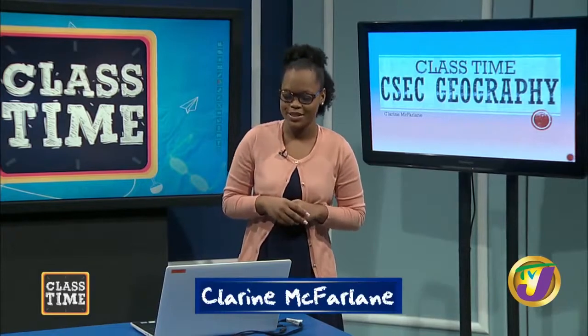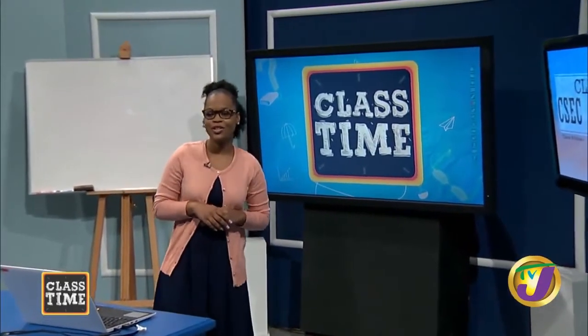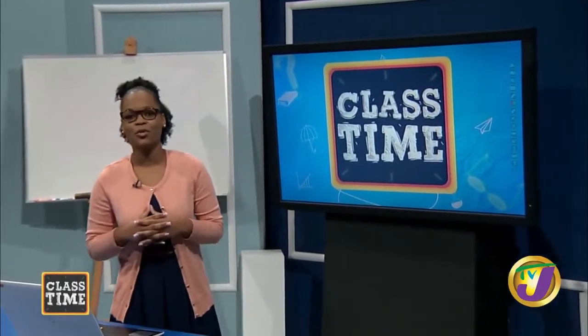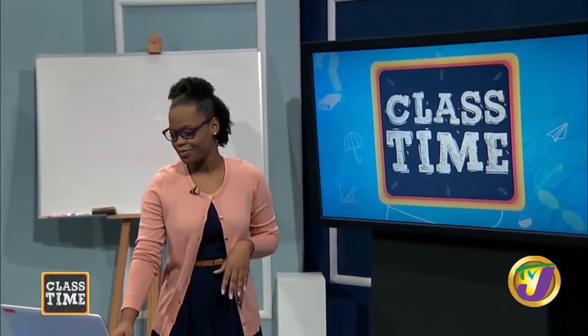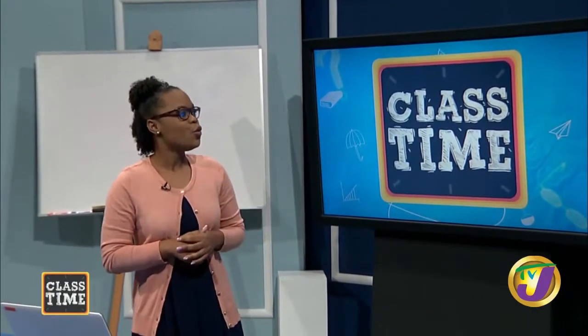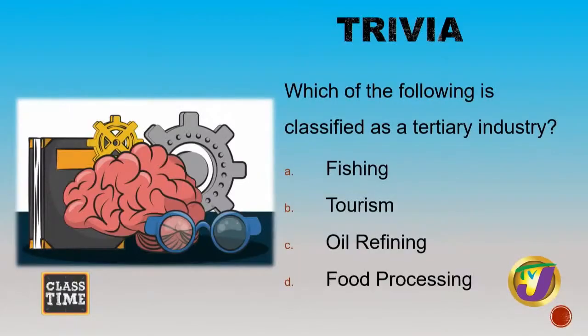Let's get into it. We'll start today with a trivia, just to recall what you have done in your previous geography classes. It says, which of the following is classified as a tertiary industry?